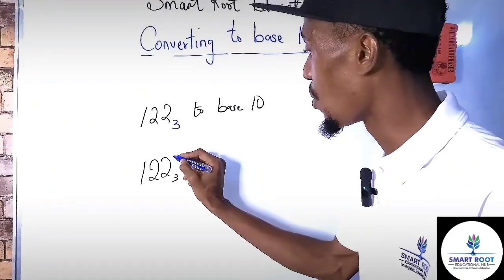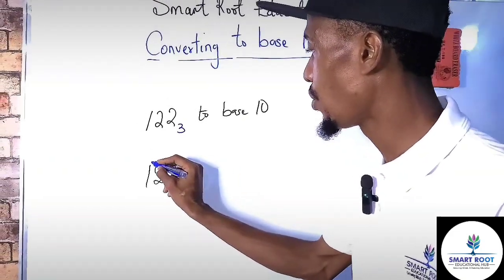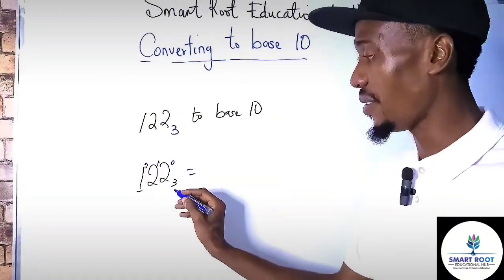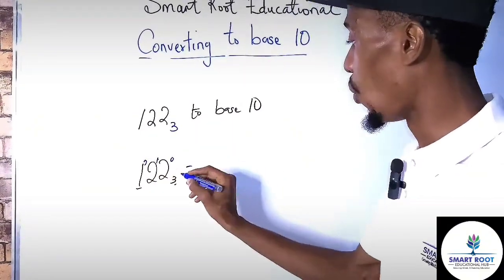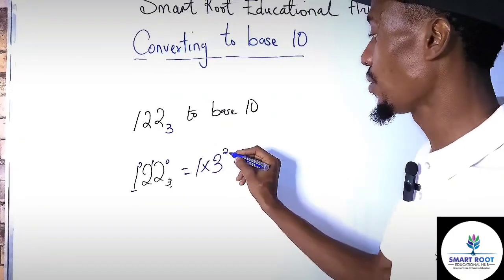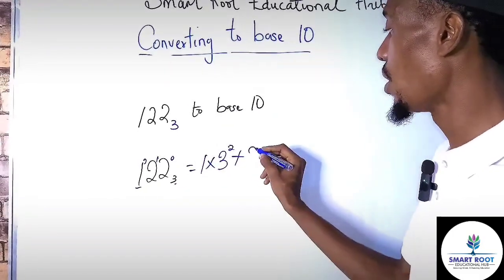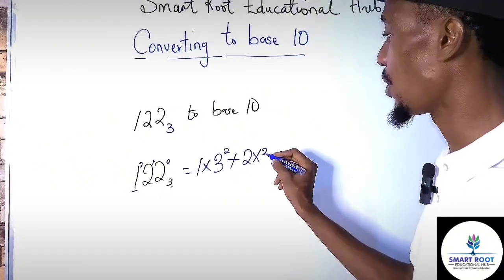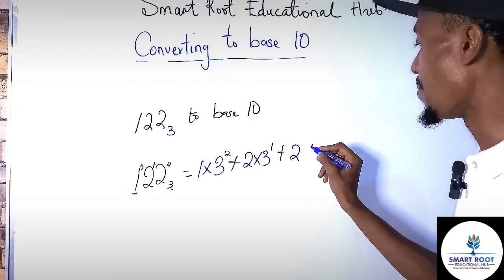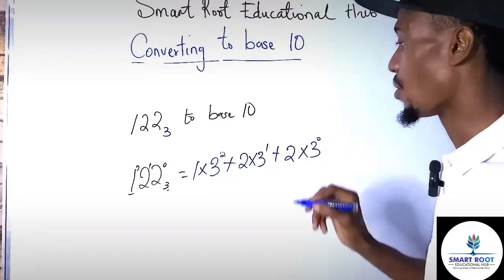So we have 0, 1, and 2. And next, we multiply this by the base and raise to the power. So 1 times the base, which is 3 raised to power 2, plus 2 times the base, which is 3 raised to power 1, plus 2 times the base raised to power 0, right?